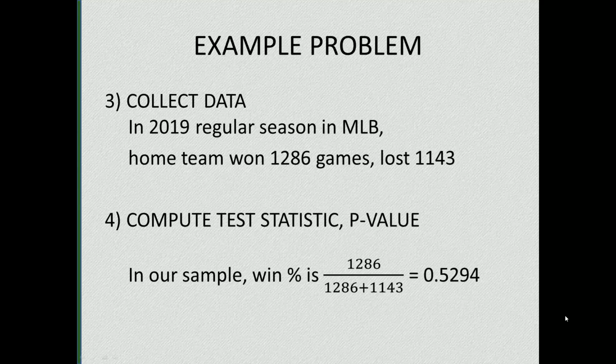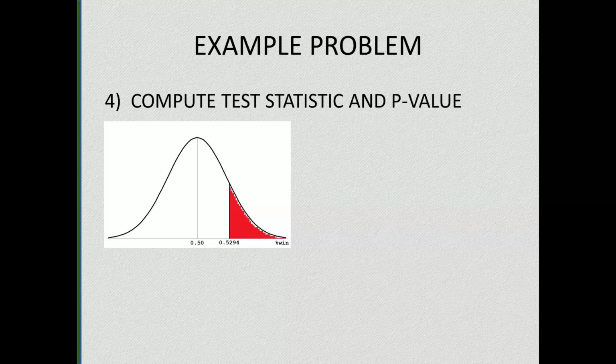The home team won just a smidgen under 53% of the time. To get a test statistic, we will, of course, draw a picture. Here's our picture. We expect 50-50, that's our null hypothesis value. We observed right at 53%, and we're interested in this area up in here.